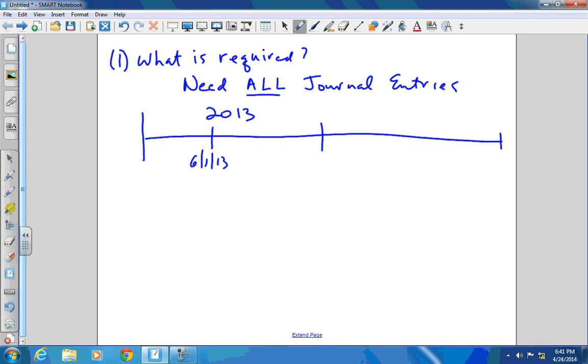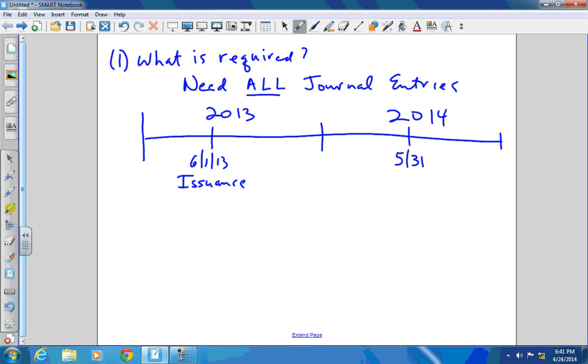And they pay interest on May 31st of 2014. So what we have to think about here is what entries do we need in 2013? Well, we definitely need an entry for the issuance of the bonds. And the big question is, do we need anything else?